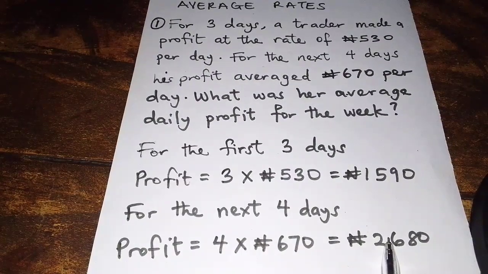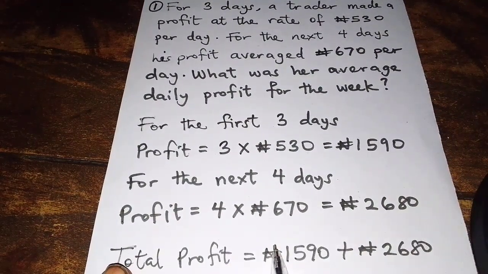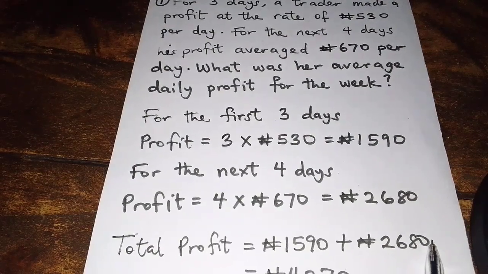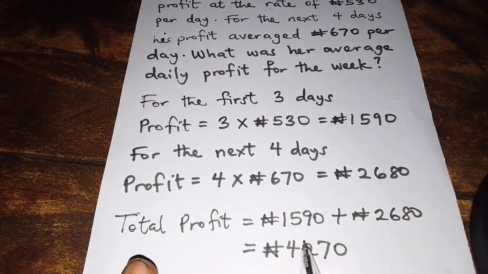Now the total profit for the 7 days, that is 3 plus 4, will be 1,590 made for the first 3 days, plus 2,680 he made for the next 4 days, which gives us 4,270 naira.